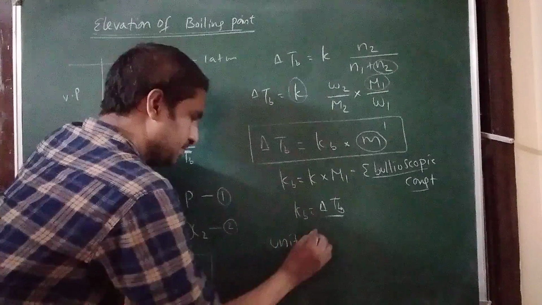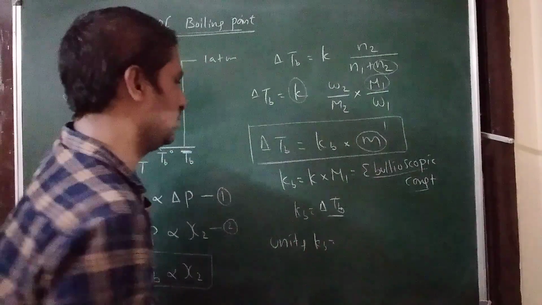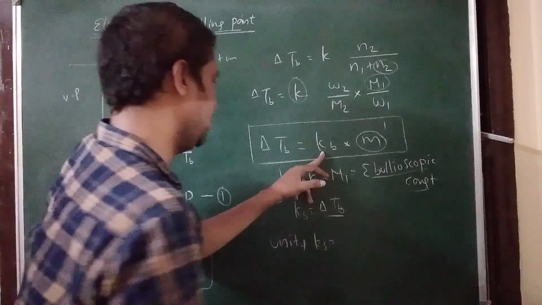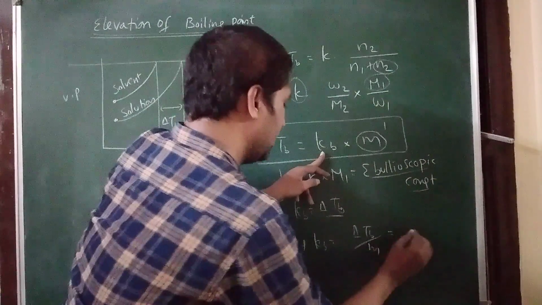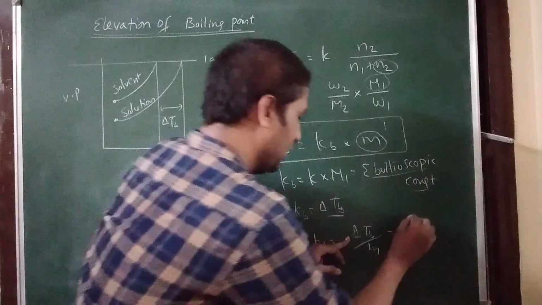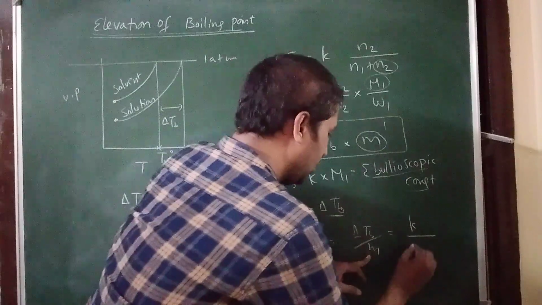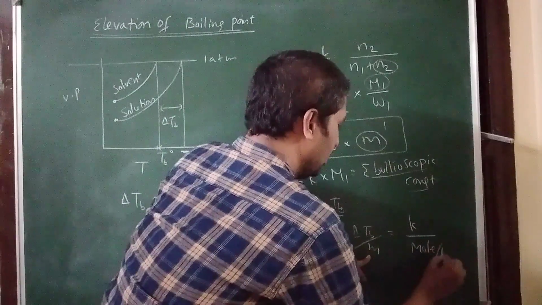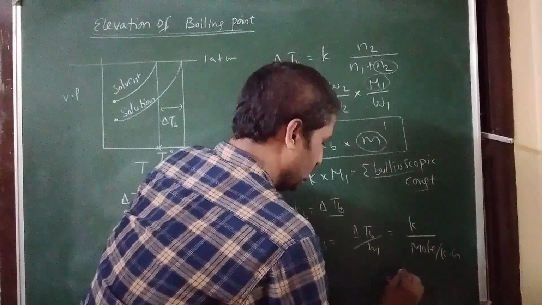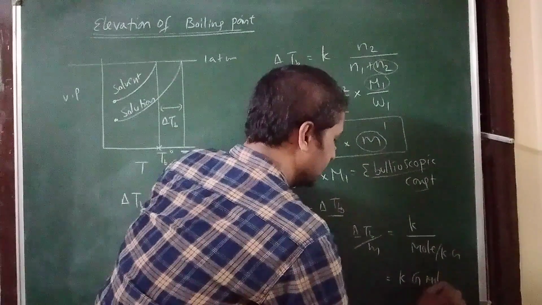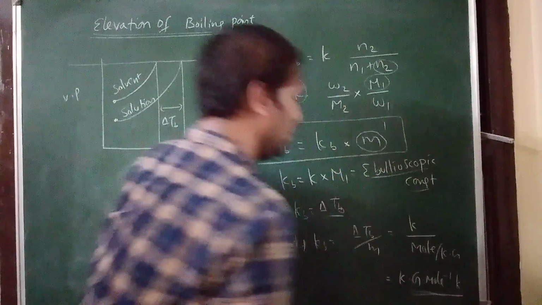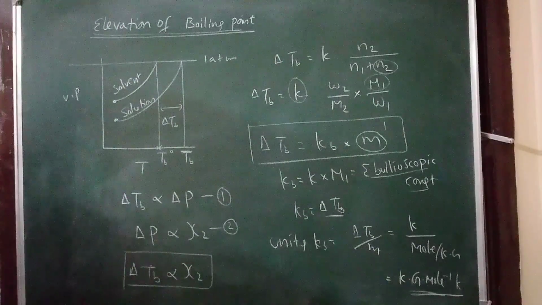Units of Kb are equal to units of delta Tb by molality, that is, temperature unit Kelvin by molality unit mole per kilogram, which is kg mole inverse Kelvin. These are the units of the ebullioscopic constant Kb.